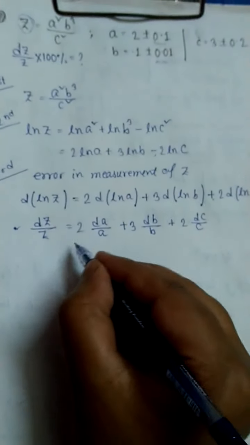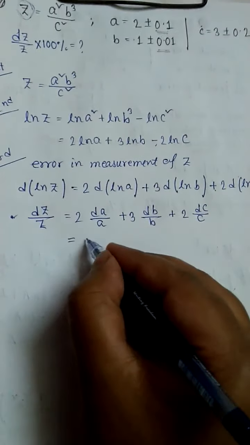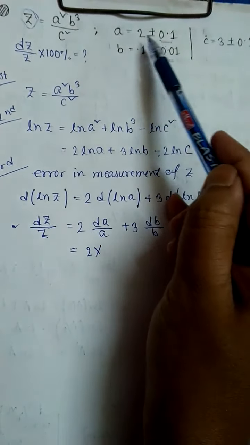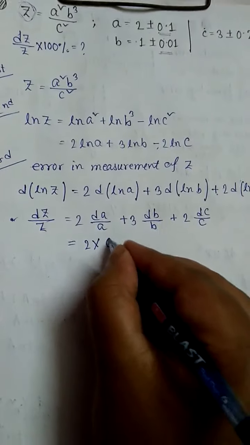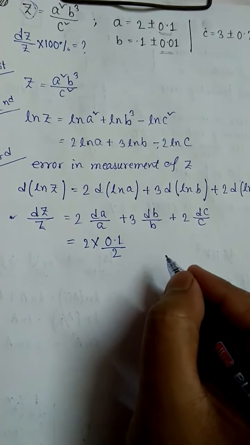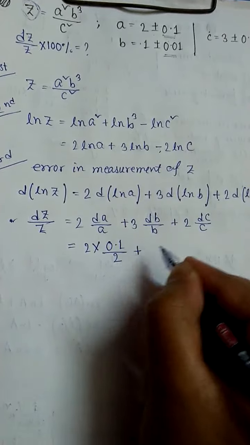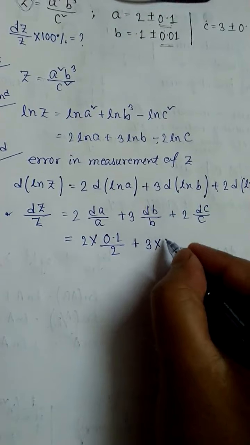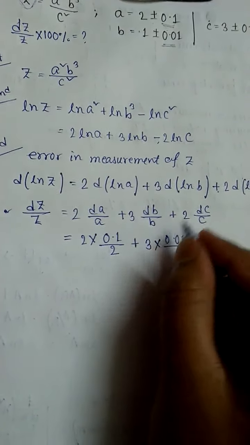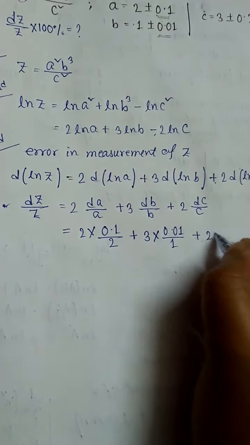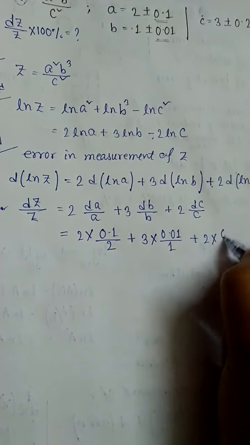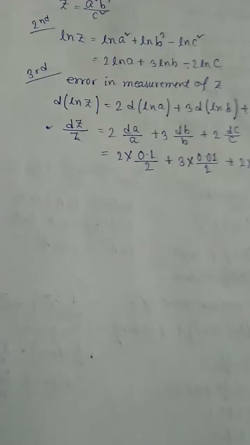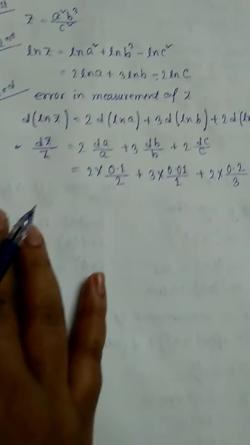How to put the values? 2 into the value of dA, that is 0.1, and the value of A is 2, so this is the process, 0.1 by 2, plus 3 into the value of dB, that is 0.01, value of B, that is 1, plus 2 into the value of dC, that is 0.2, and value of C, that is 3. Okay, you just have to calculate this by calculator.